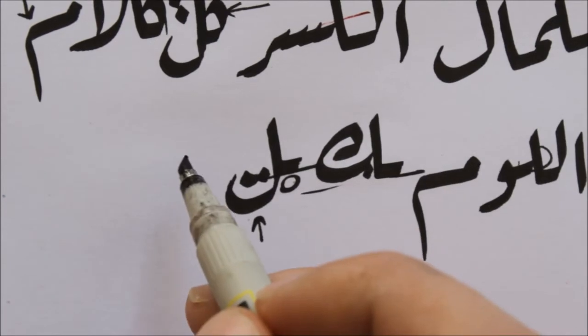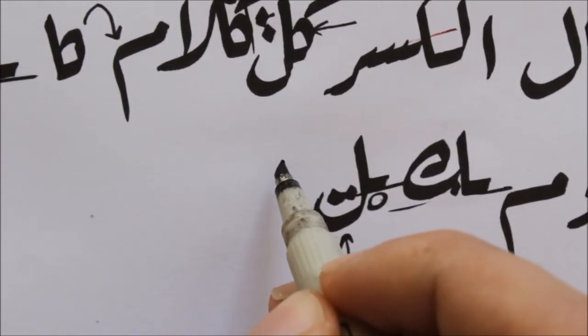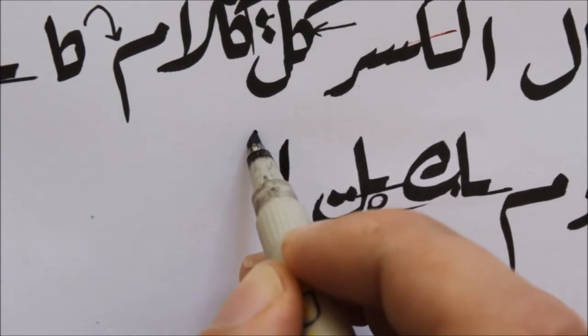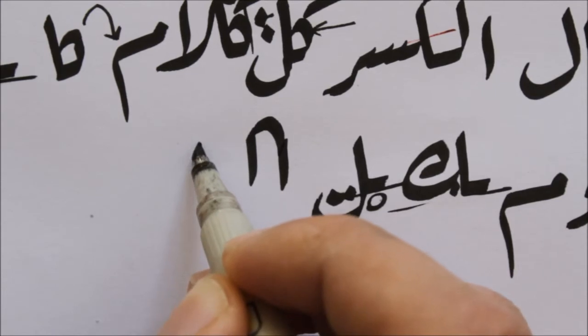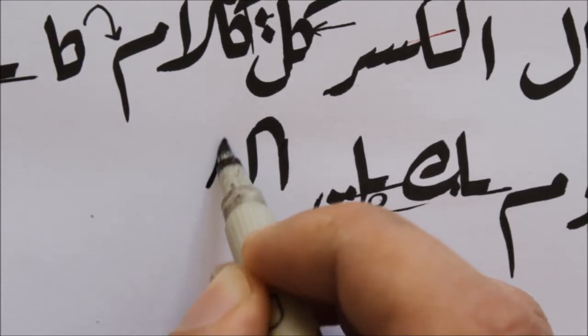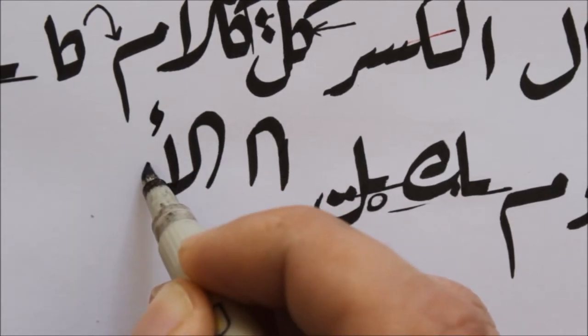Another thing, at the beginning of a word, sometimes you will find people do this. So this is alif and lam. You could find them connecting these two, or they would start with a lam. It's basically doing this. For example, al-ard.